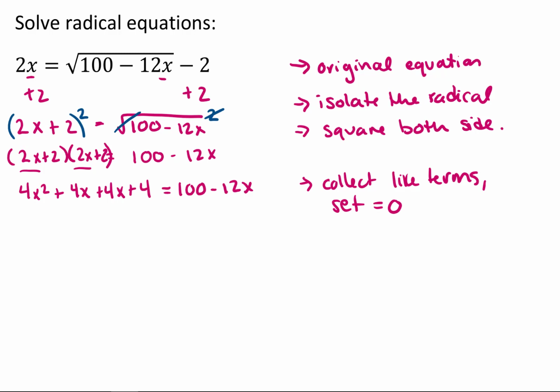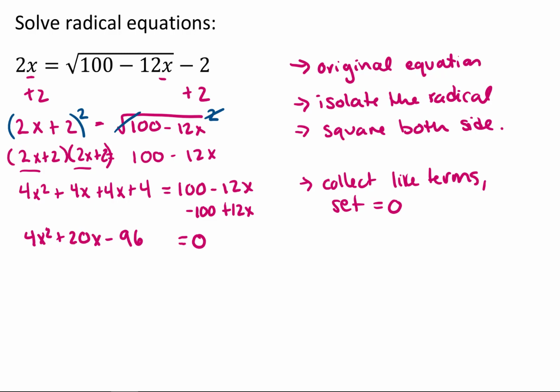Personally, I like to keep my x squared positive, so I'm going to bring everything to the left-hand side. I'm going to subtract 100, and I'm going to add 12x. That's going to give the right-hand side equal to 0. So when we collect like terms, we end up getting 4x squared plus 20x minus 96.